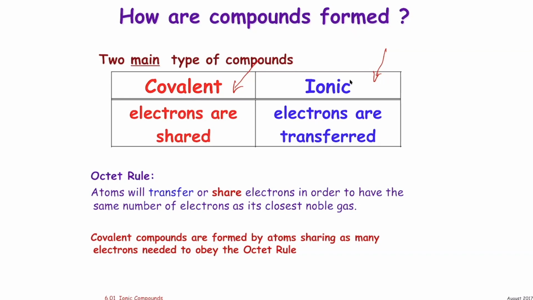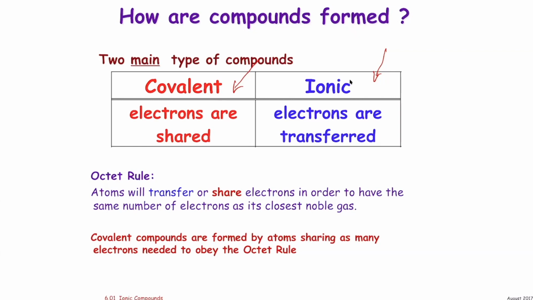Everything's filled. And you guys learned that back in chapter 4 when you did electron configuration. Okay, when all the shells are filled, then that satisfies the atom, and you get something called a noble gas configuration. It may not be a noble gas because the protons determine the identity of the atom, but at least the electron shell has the same number of electrons as a noble gas, and that gives it added stability.